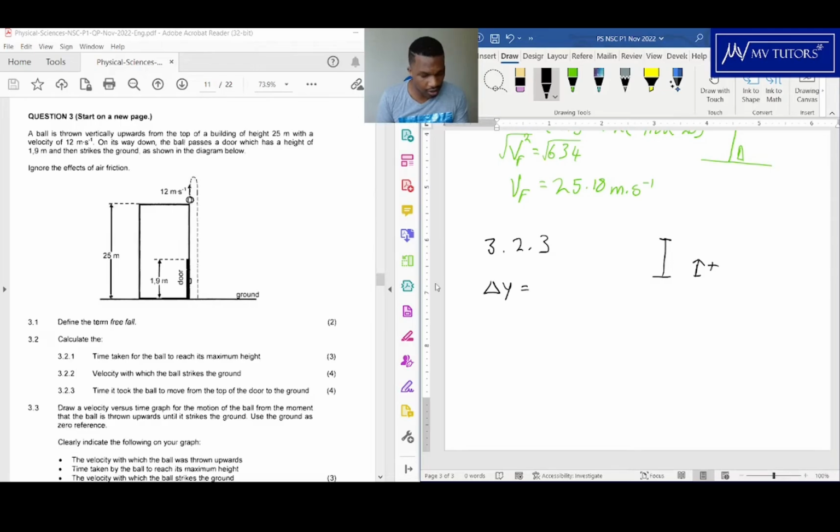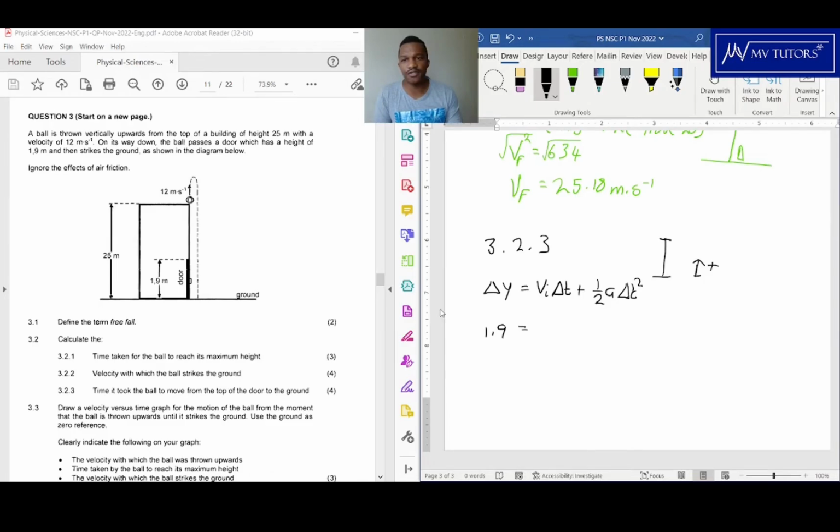Change in y is equal to v initial, change in t, plus half a, change in t squared. It's a quadratic formula. So from there we know that from the bottom to the top, the door is 1.9 meters.